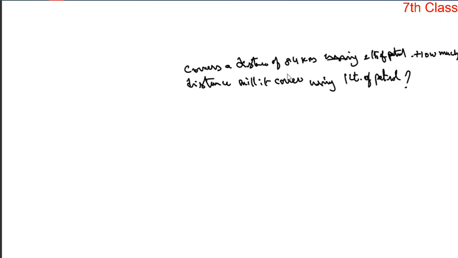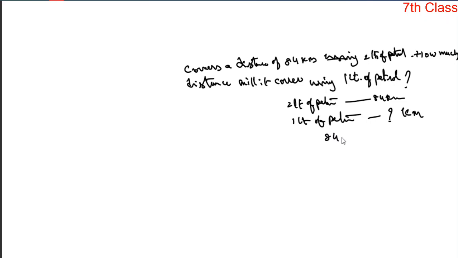Generally, we will divide this 84 by 2. Why? Because by using 2 liters of petrol, it covers 84 kilometers. Same, by using 1 liter of petrol, how much distance will it cover means, generally we divide this 84 kilometers by 2.